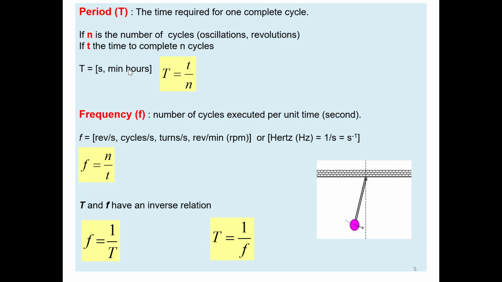We can measure, for example, the period of this pendulum. Let's take n equal 5, and take the time for 5 complete cycles. If you have a phone, I suggest you try to take the time for 5 complete cycles using your phone. And we can start here.